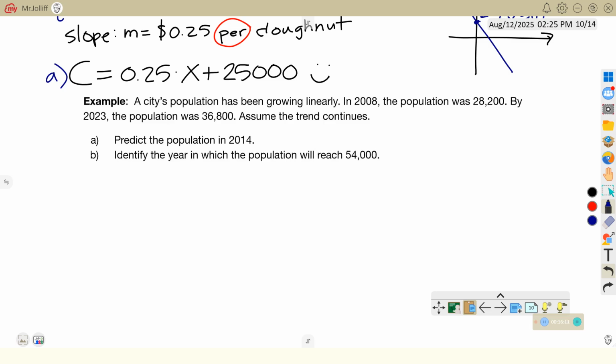So I'm going to look at the structure of those ordered pairs. That first pair of numbers, 2008 population was 28,200. They gave me a year and they gave me a population, meaning those are the 2 things I'm interested in. So my 2 variables are year and population.